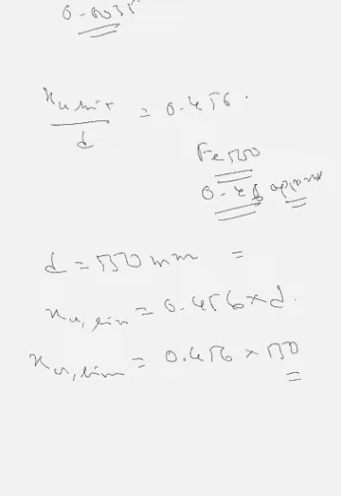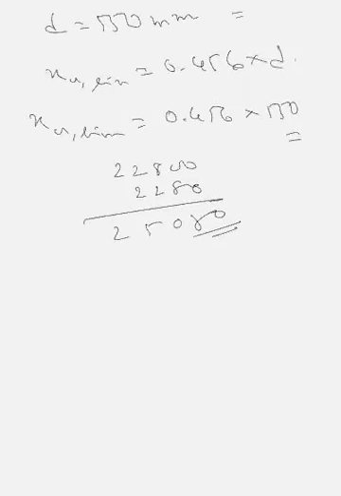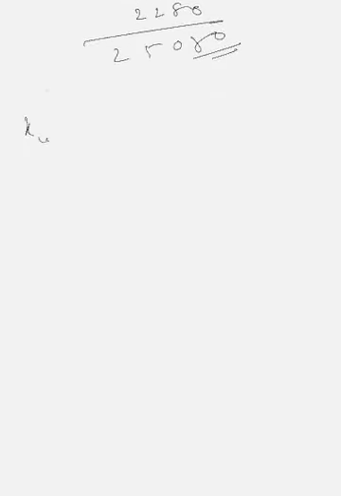So 456 into 50 is 22800. 456 into 5 is 2280, and total will be 25080. Okay, now divide by 100. So we get XU limit is 250.8. Okay, so limiting neutral axis depth is 250.8.